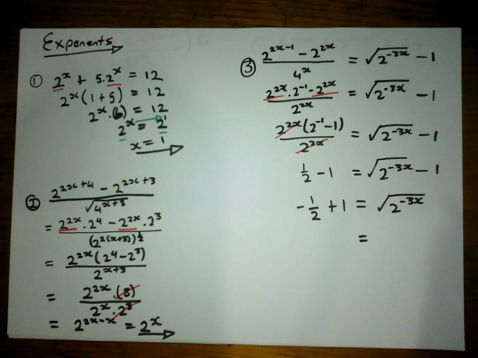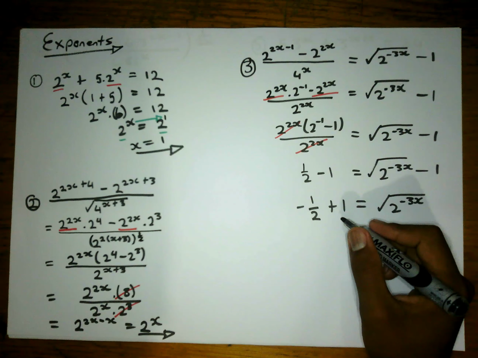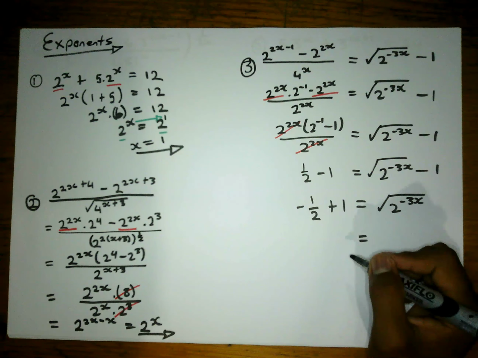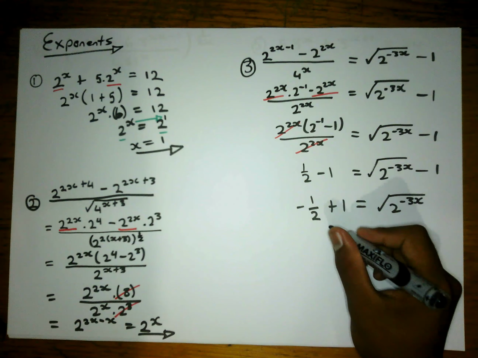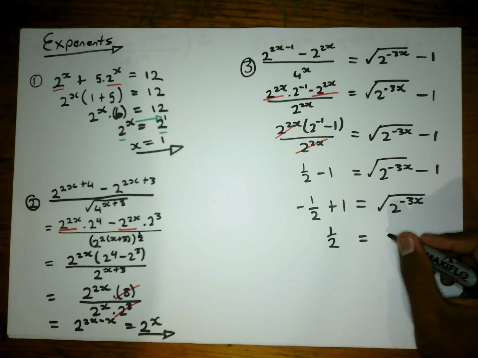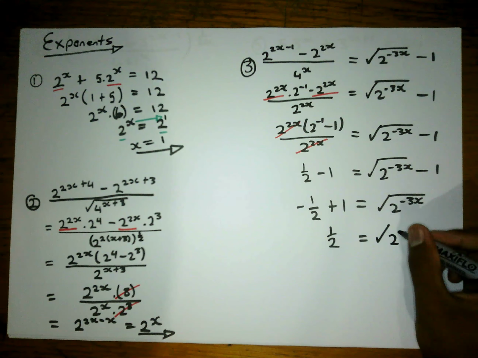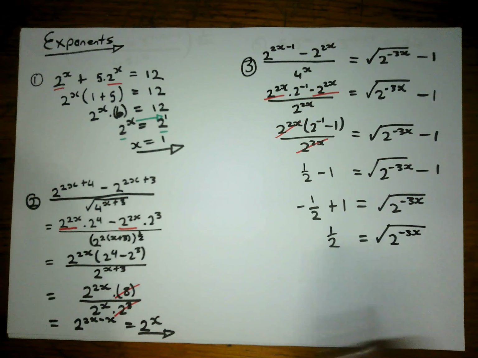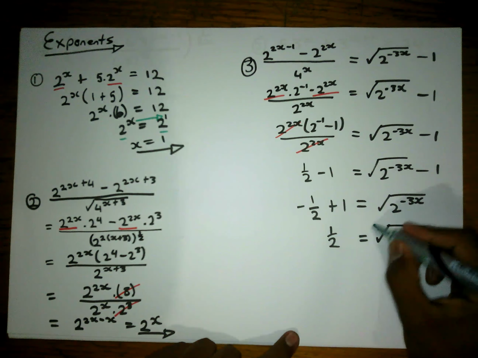And then this half, negative half plus 1 is positive half. And then it's 2 minus 3x. So what we do now is we are going to square both sides.